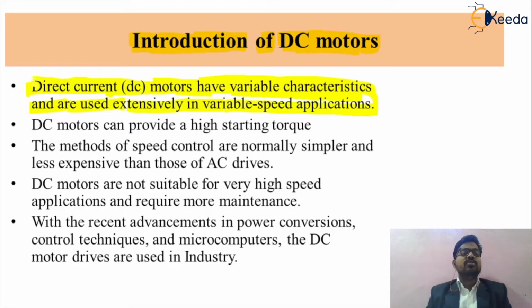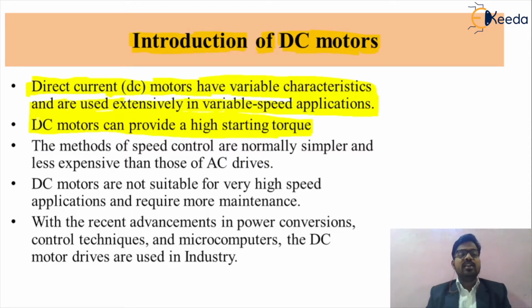So most of the time in industry, where we have variable speed applications, we definitely prefer such a motor. A DC motor can also provide a high starting torque, especially in electrical locomotives, that is, electrical traction. We use the DC series motor for starting purposes, because due to its construction, the DC series motor definitely provides high starting torque.